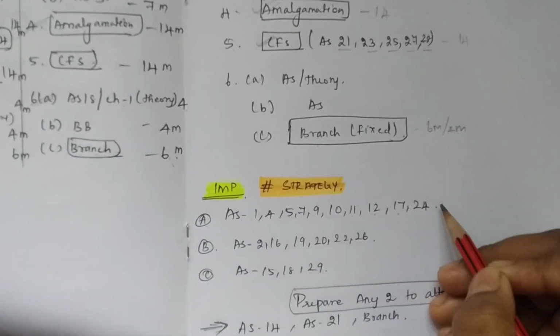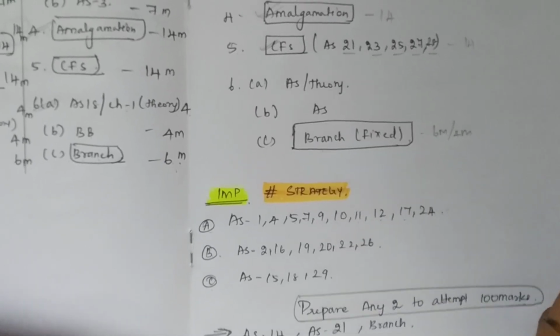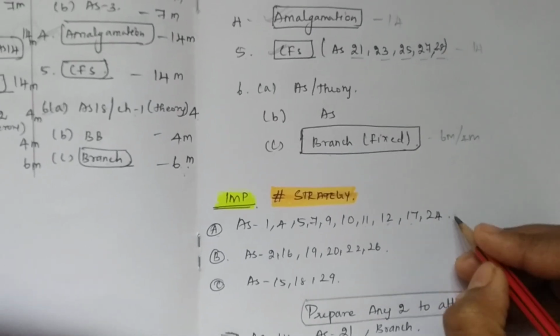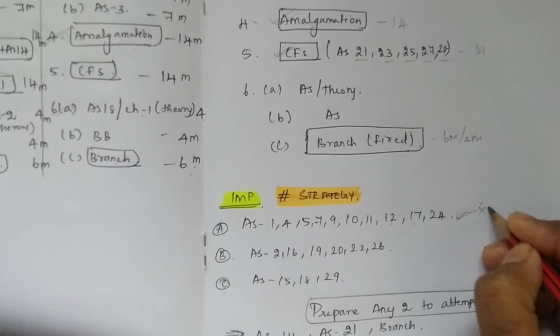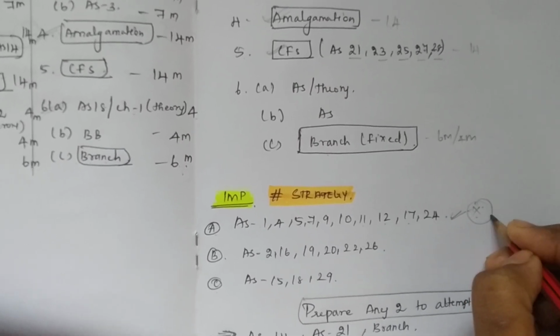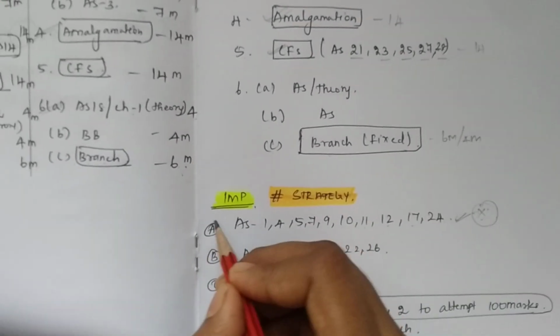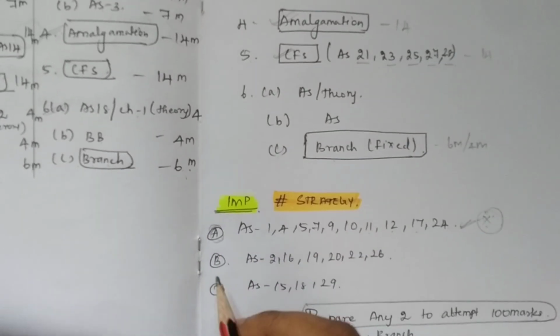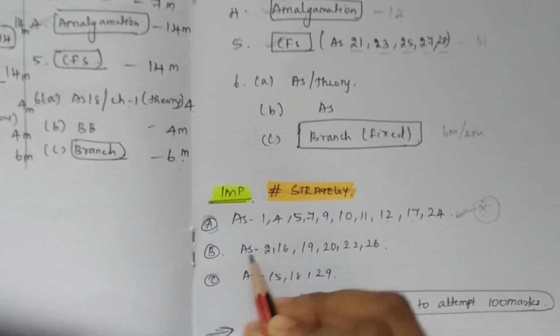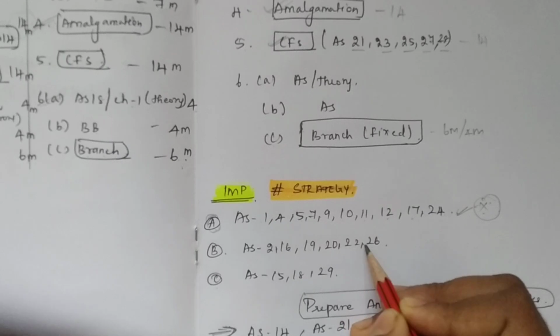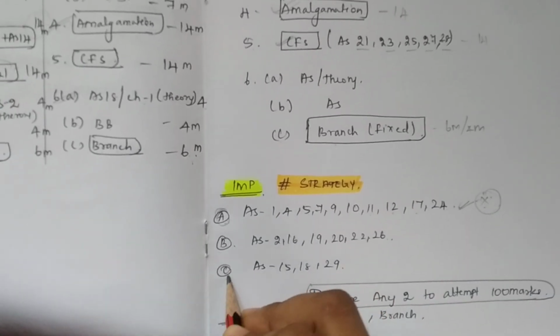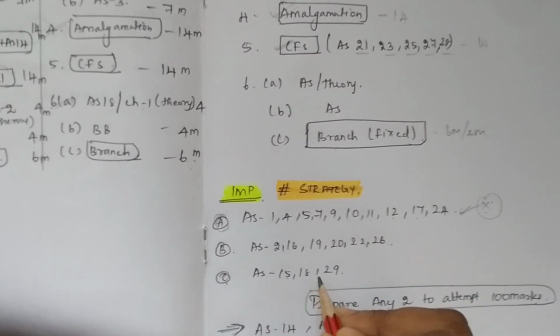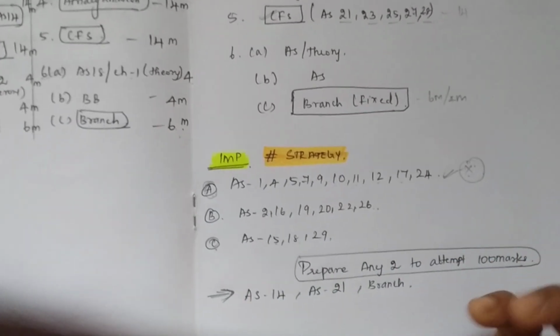These are the standards which we did not get. So we can expect these as the most important standards for our May 25 examination. So that is why I have written them here in category A. Now let's see the B category, that is AS 2, 16, 19, 20, 22, 26. And the C category is 15, 18, 29.